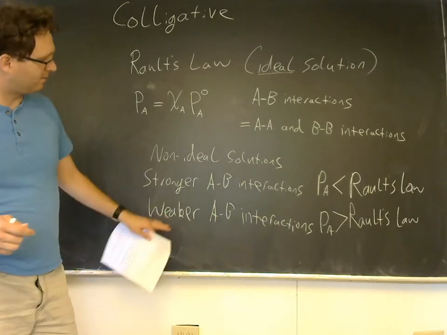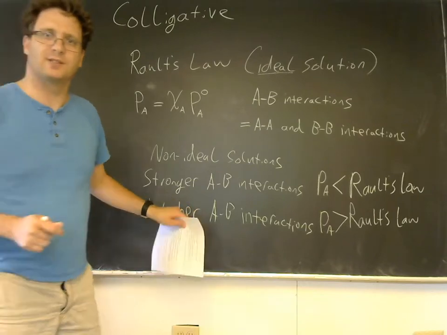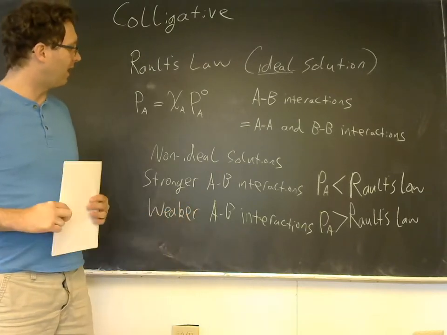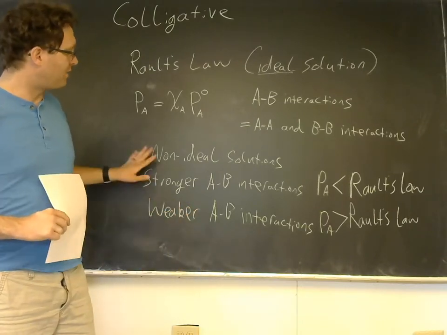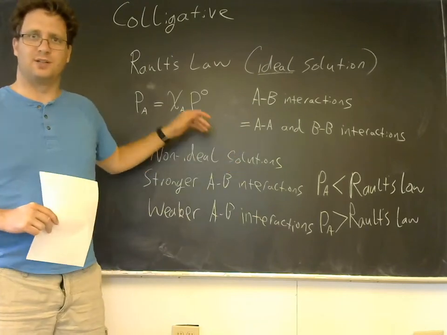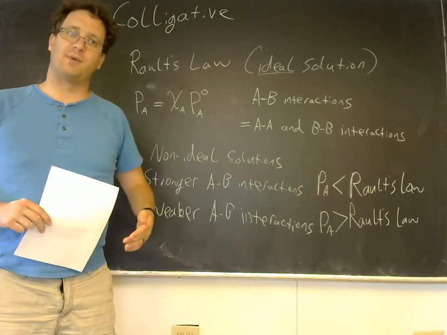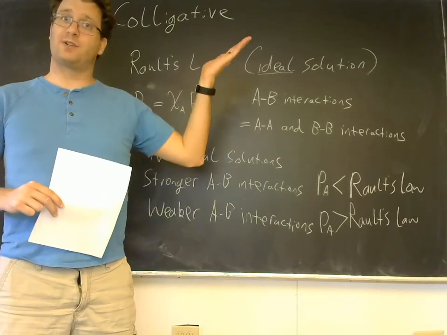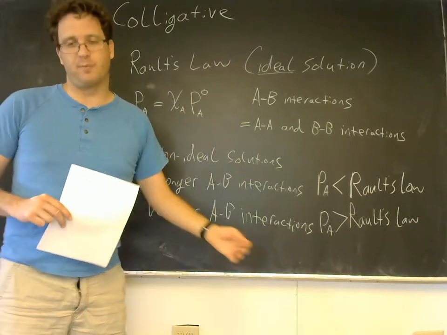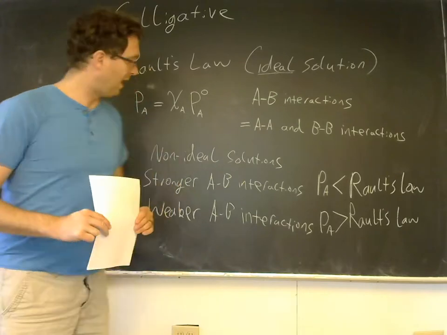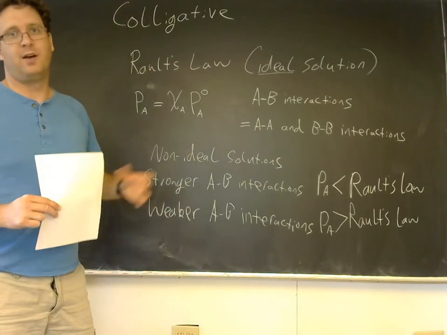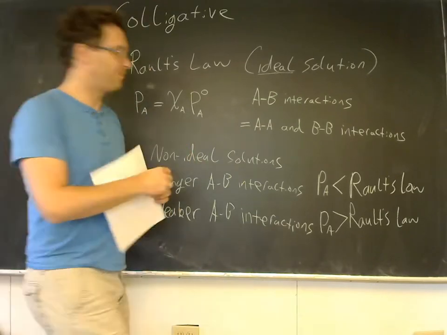So I think all of this makes intuitive sense, and we'll never deal with non-ideal solutions in a quantitative way beyond just making this observation, that some of them have higher vapor pressures than we expect, some of them have lower vapor pressures than we expect, and we can explain that in terms of the strength of their interactions.